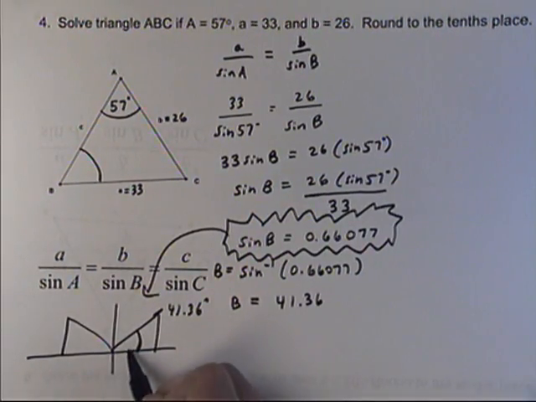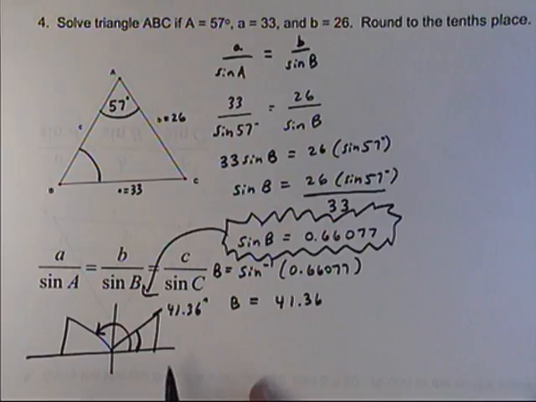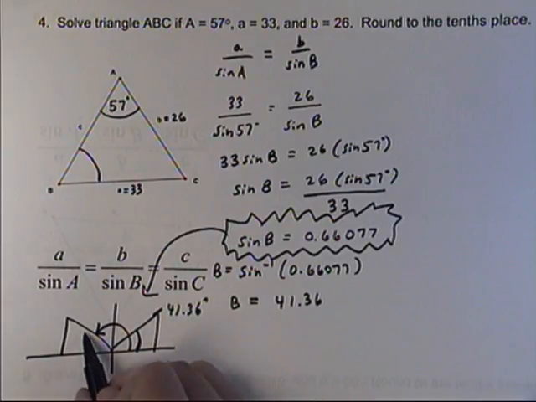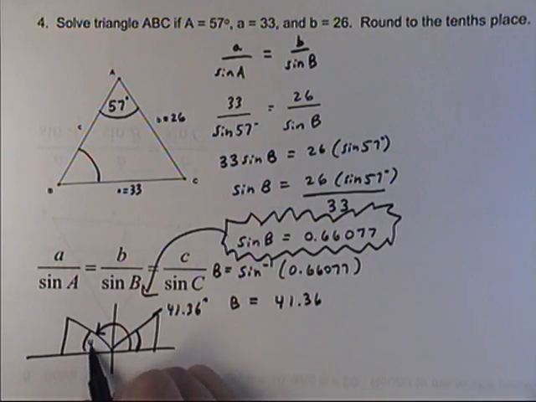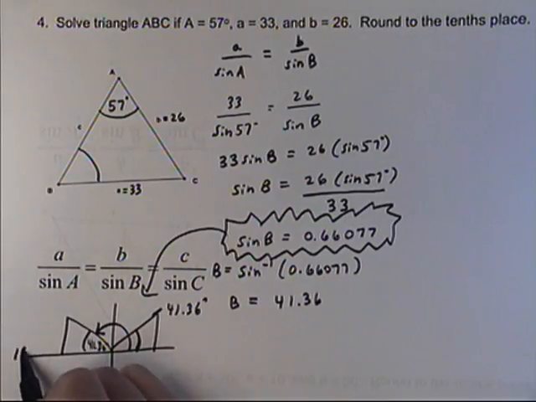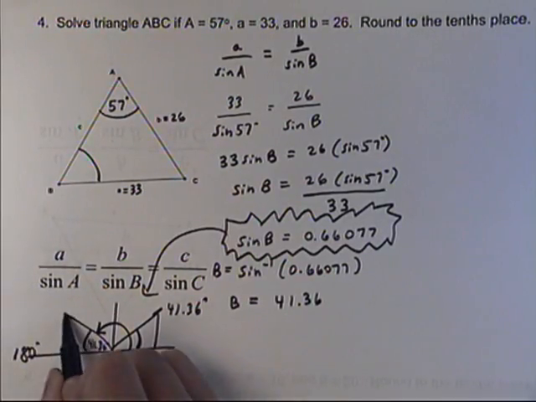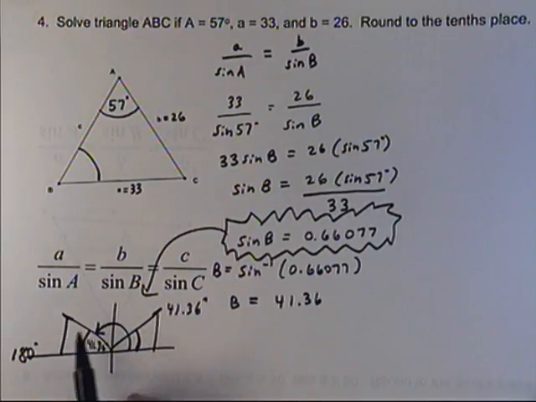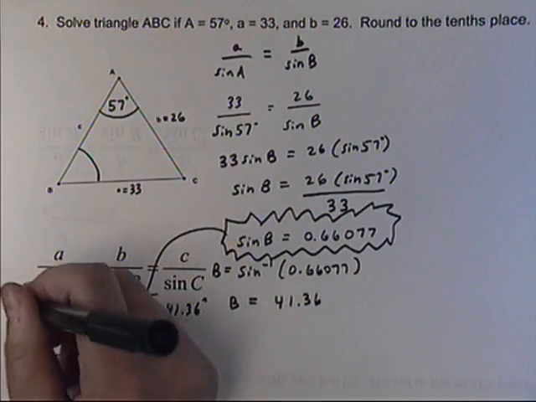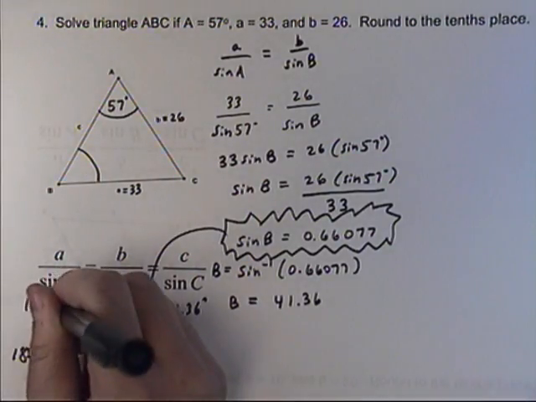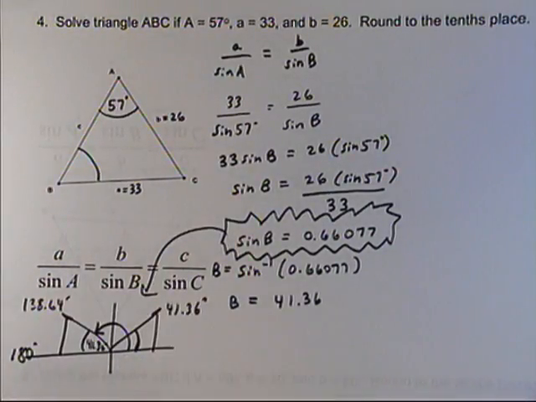However, we could also have an angle B that's an obtuse angle, bigger than 90 degrees. And on this side, it's still, again, 41.36 degrees away from the x-axis. So if this is 180, the other possible position for what angle B could be would be 180 minus 41.36, which is 138.64 degrees.